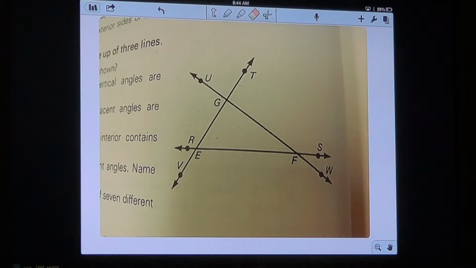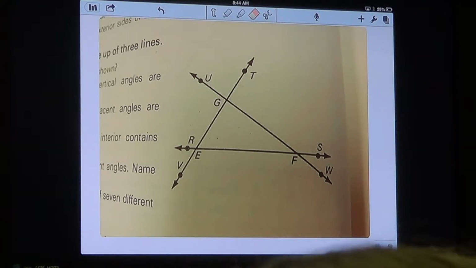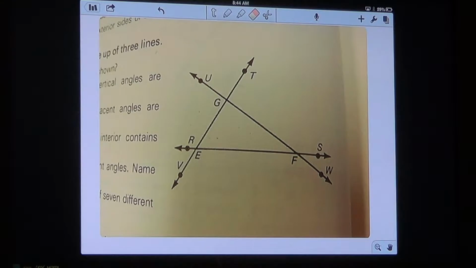And then 24. Point V lies in the exterior of 7 different angles. Name the 7. Okay, so here's V. If it's in the exterior, it's outside of the angle. So I can see that it's outside of this angle.